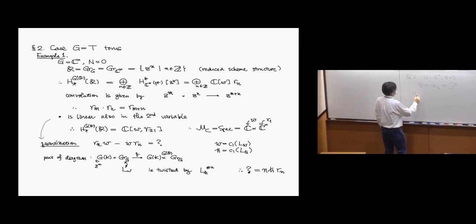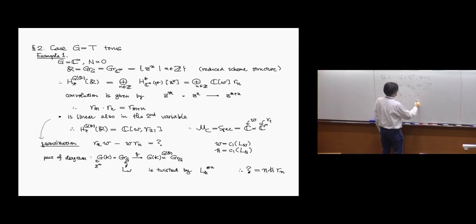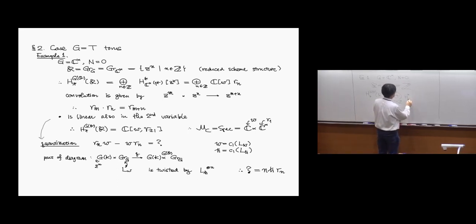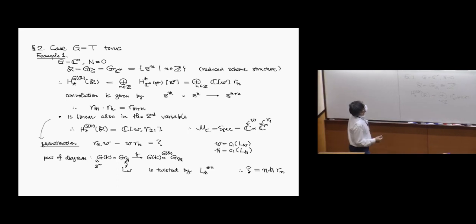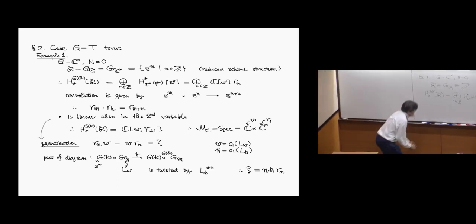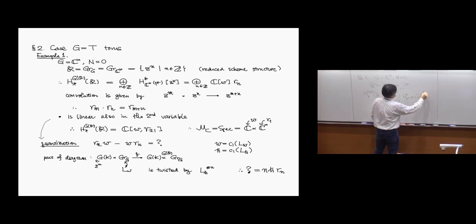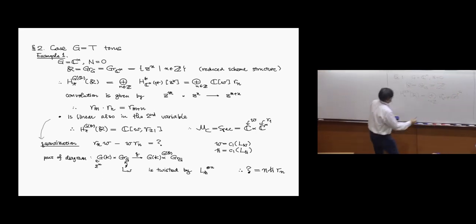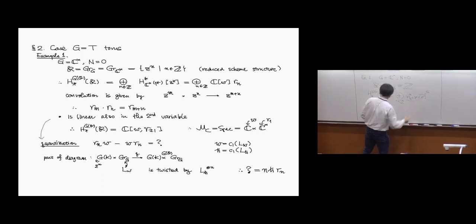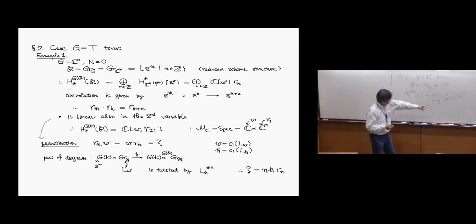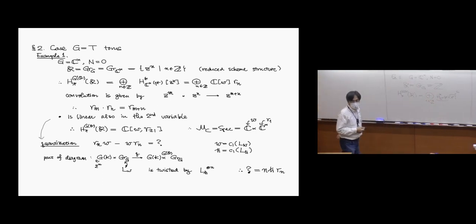Let me write. R is the direct sum over n of the equivariant homology of the C star point times G of N. And I denote the fundamental class of G of N as Rn. So this is again a polynomial ring in one variable, but this is different from the C star which appears in the loop rotation.